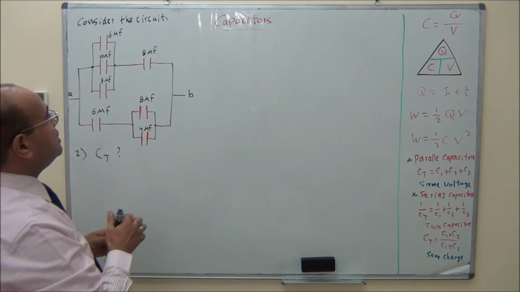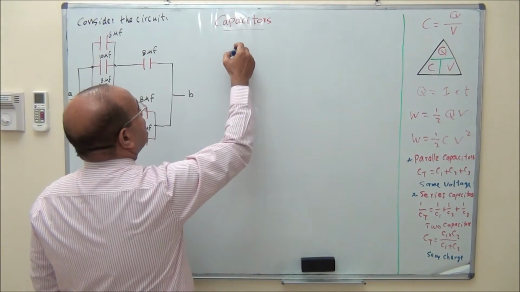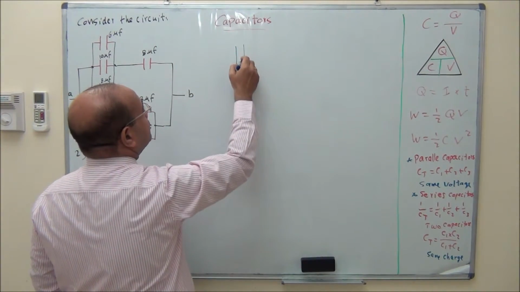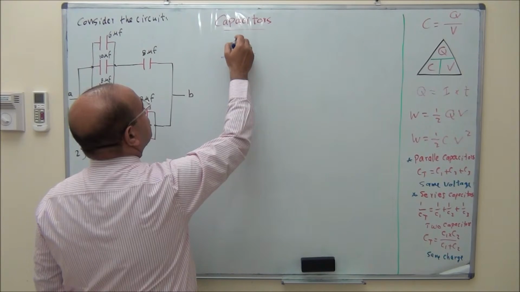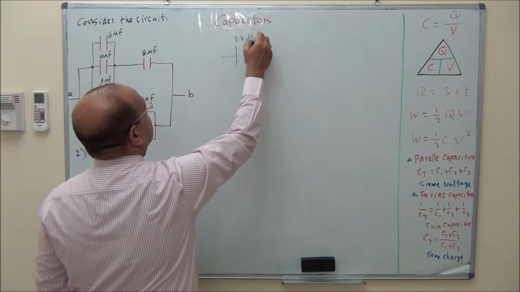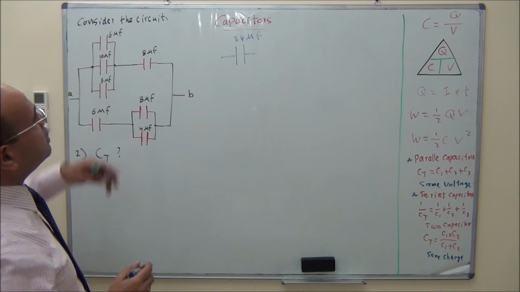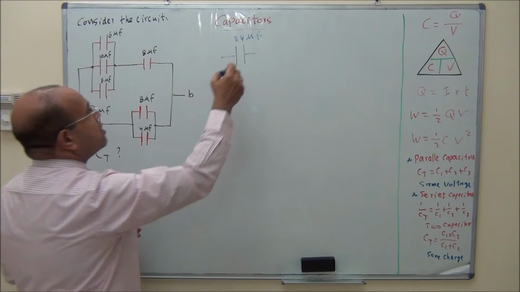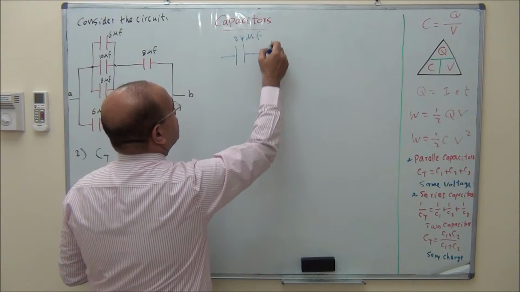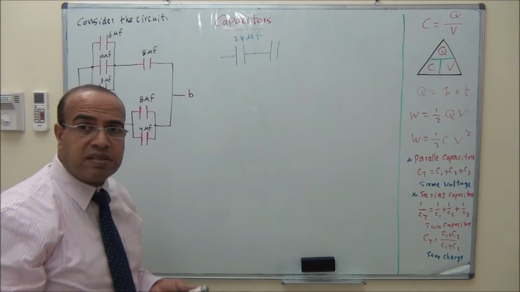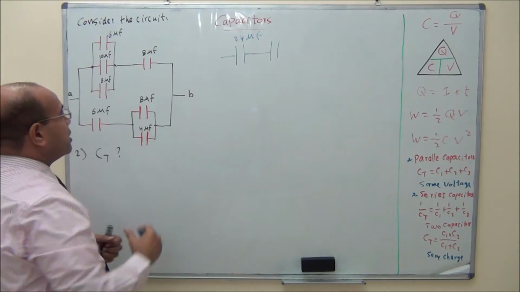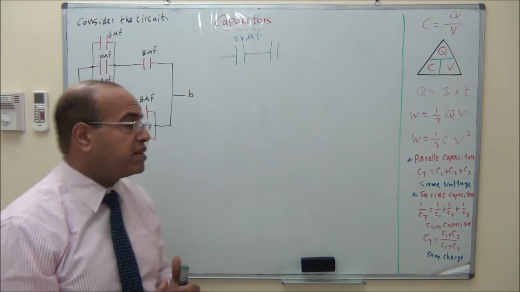We can replace those 3 capacitors with just one capacitor of 24 microfarad. We just add them up: 8 plus 6 is 14, plus 10 is 24. And then we have this capacitor here. We simplify the circuit. Also, these 2 capacitors are in parallel, so we add them up.